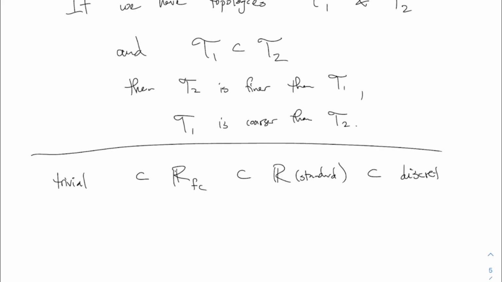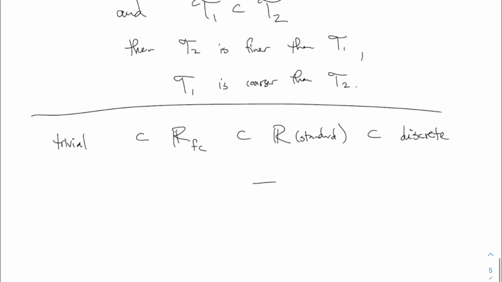The discrete topology is the one in which all sets are open. So these ones are finer, these ones are coarser. The finer ones have more open sets, the coarser ones have fewer open sets. All right, and I think that will do it for today.